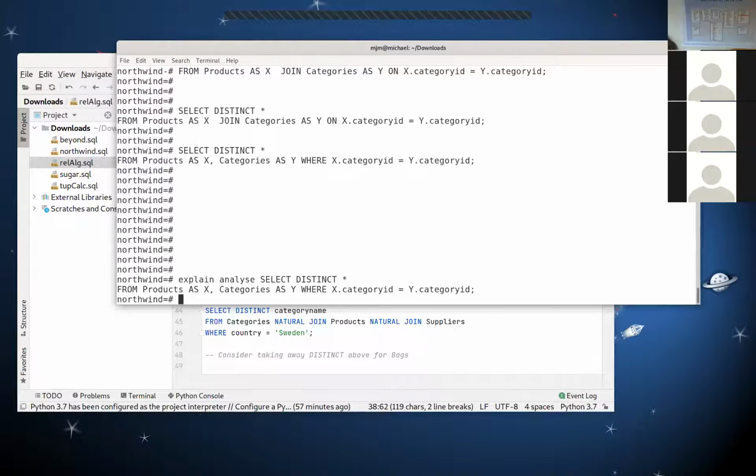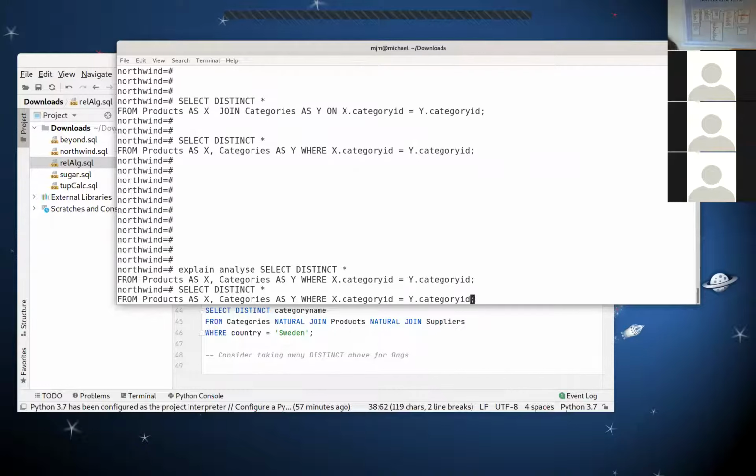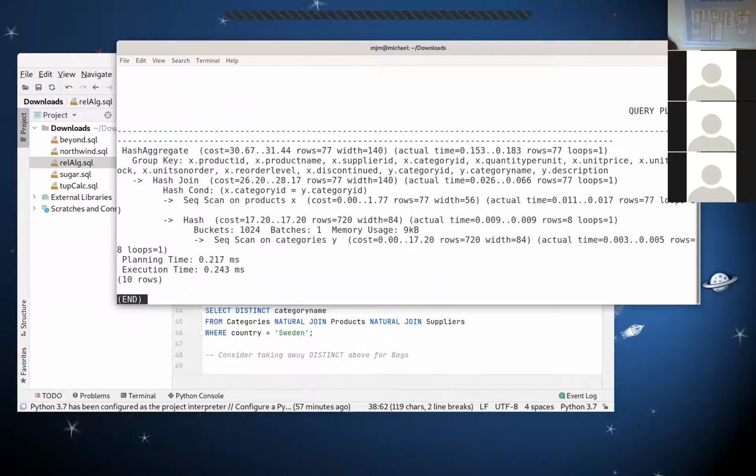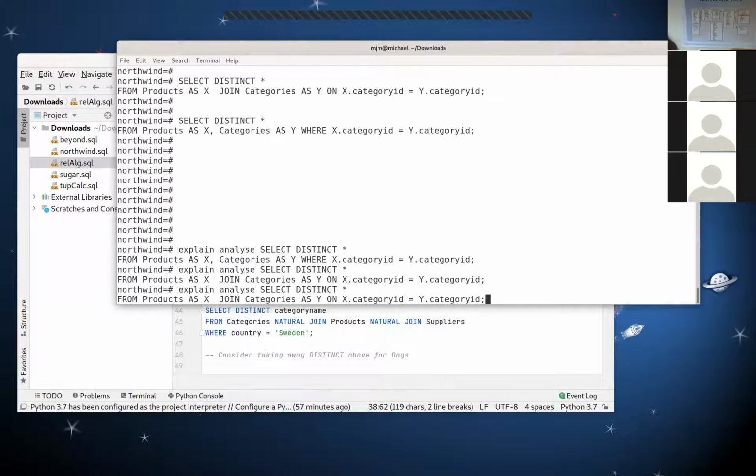Then I'm thinking about this other one where we're using the actual theta join. Let's see if that one gives us better performance. Execution time is 0.243.